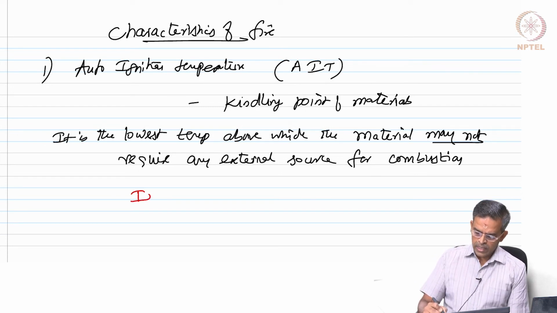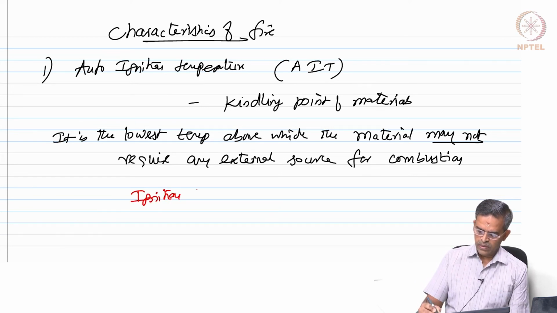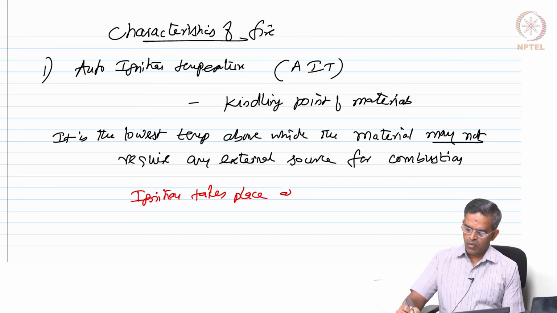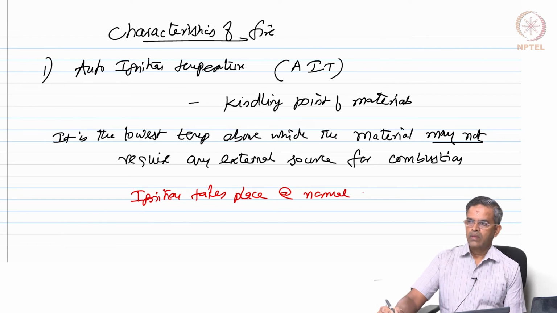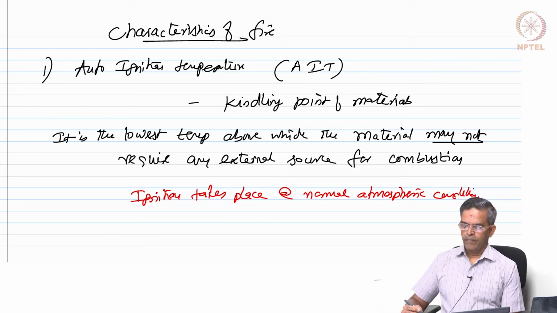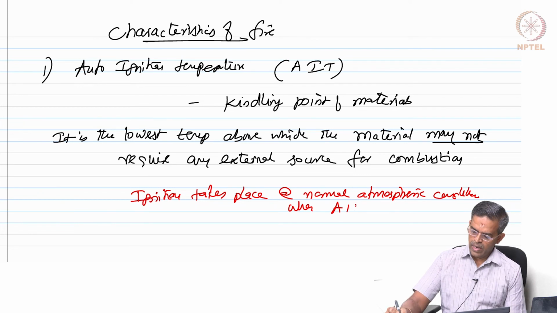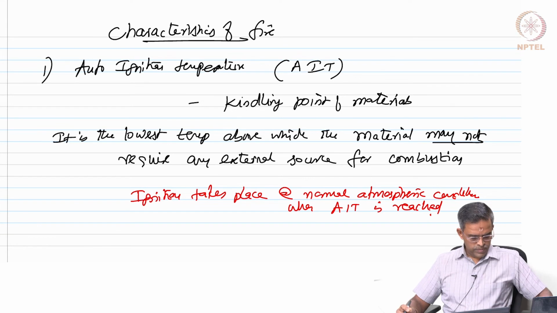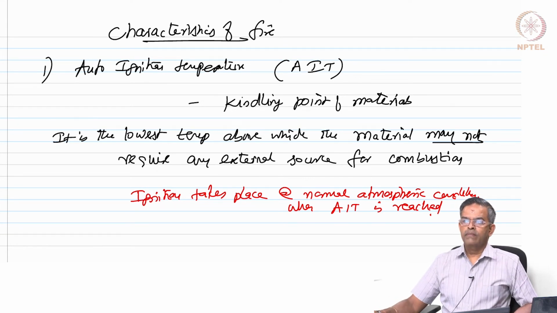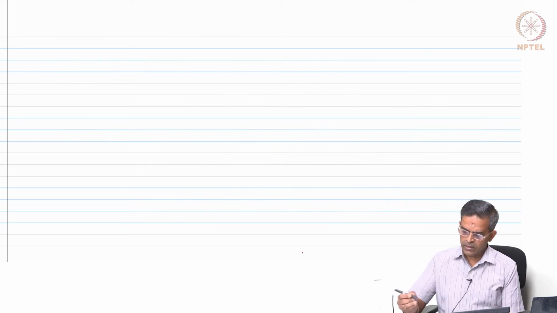So, ignition takes place at normal atmospheric conditions when AIT of a fluid is reached. Okay. AIT is also called as self ignition temperature.